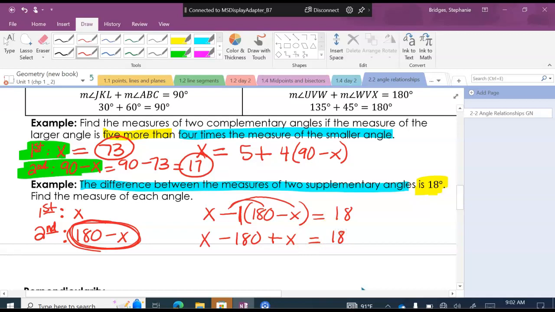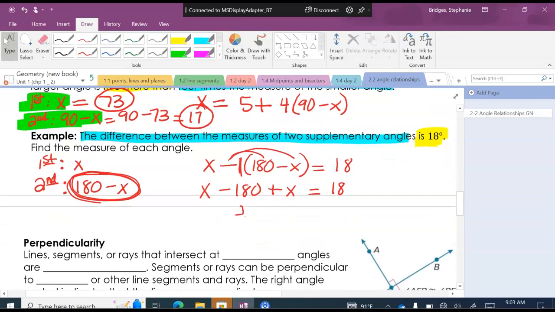And then I want to show you something after we finish with this. Combine your like terms. What's 1x plus 1x? 2x. So I have 2x minus 180 equals 18.